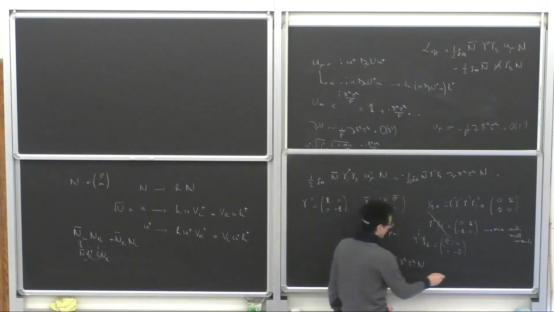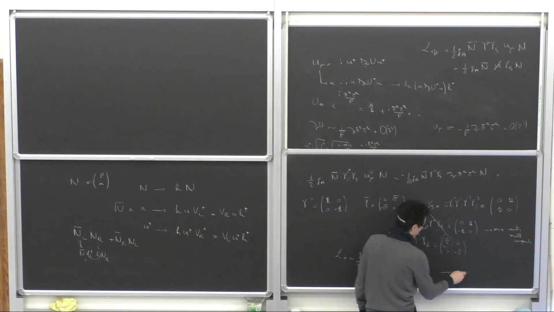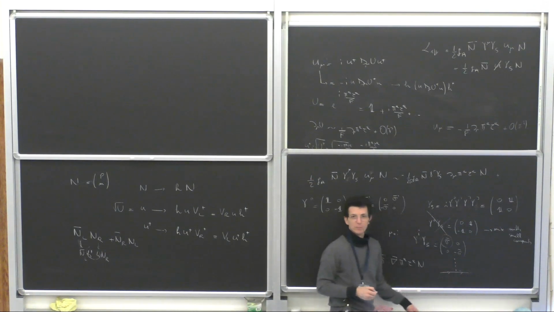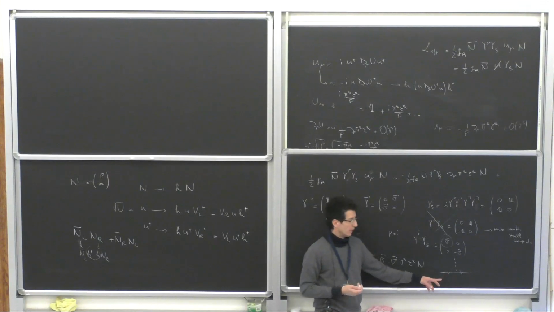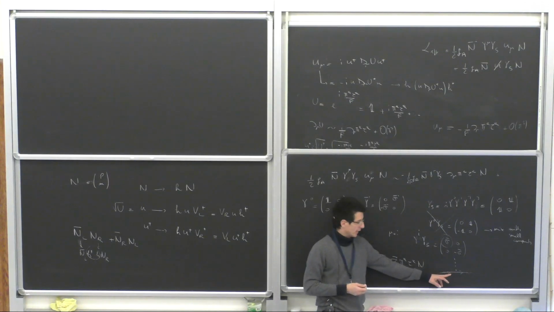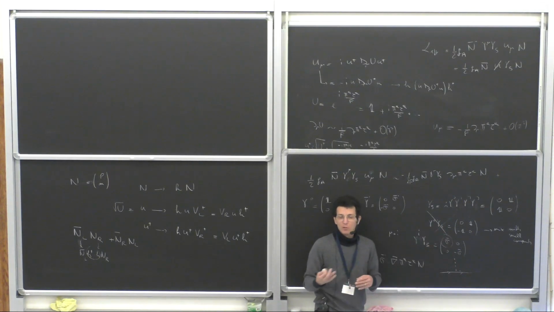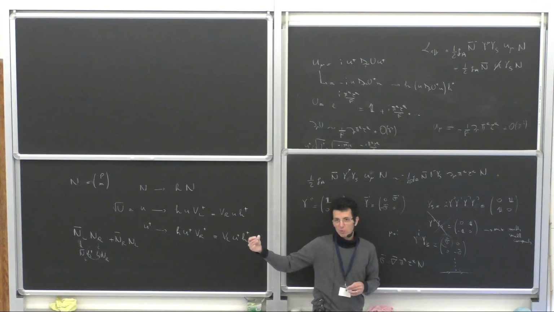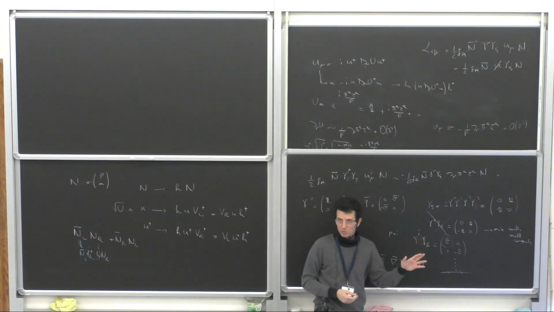Diagrammatically, it is a coupling like that. This is the nucleon and this is the pion, a cubic vertex like that. The convention is that nucleon lines are continuous and pion lines are dashed.